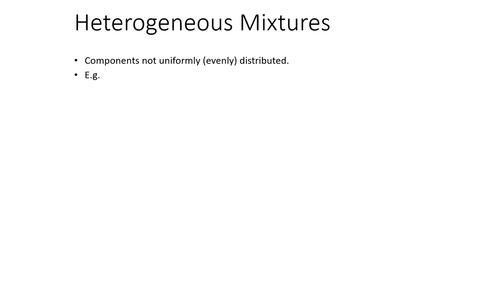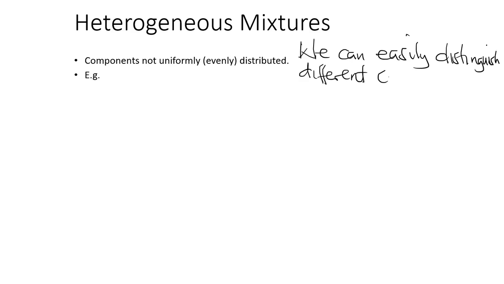Now, what is a heterogeneous mixture? Usually, in a heterogeneous mixture, we have two or three substances in one container, but these are not uniformly distributed, which means we can easily distinguish the different components of the mixture.